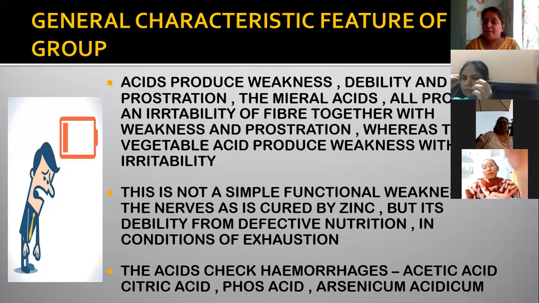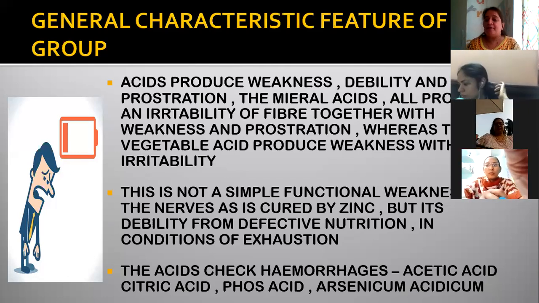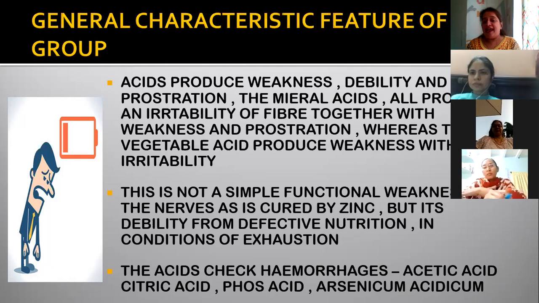This is not the simple functional weakness of the nerves as is cured by zinc, but debility from defective nutrition in conditions of exhaustion. And the acid checks hemorrhages: acetic acid, citric acid, phosphoric acid, and arsenicum acidicum. Okay, it checks hemorrhages and it produces weakness and debility, extreme exhaustion and debility.